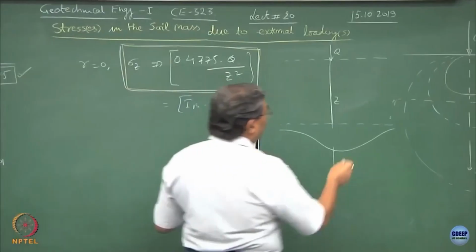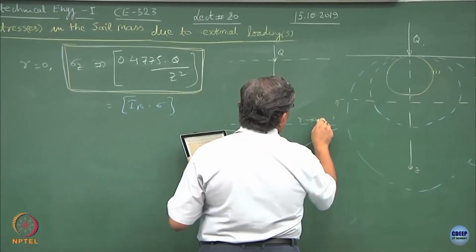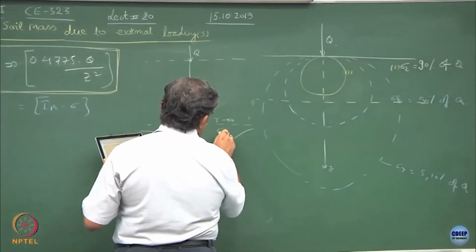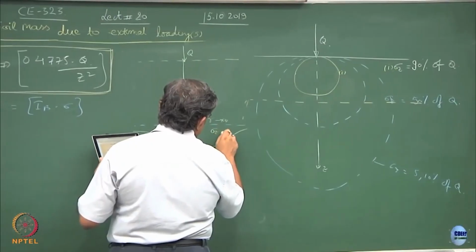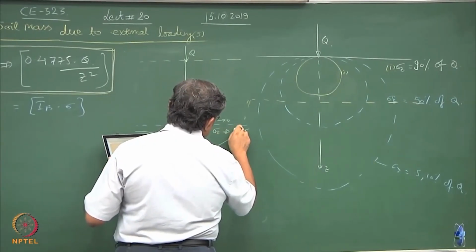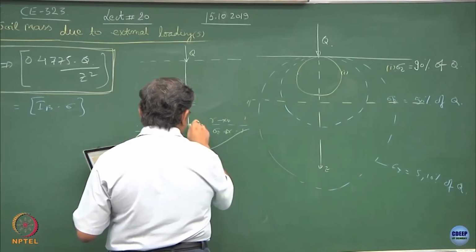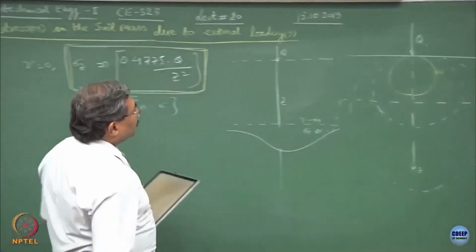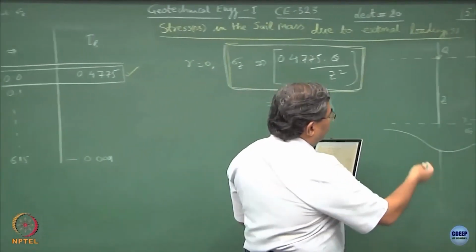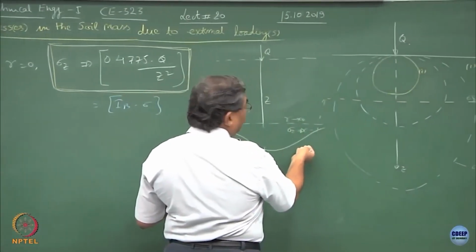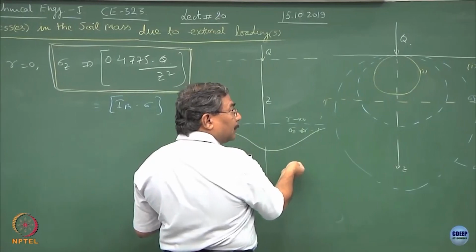So, the moment R tends to infinity, what happens to your sigma Z value? This tends to some constant value at this plane, otherwise this is going to be the maximum value.